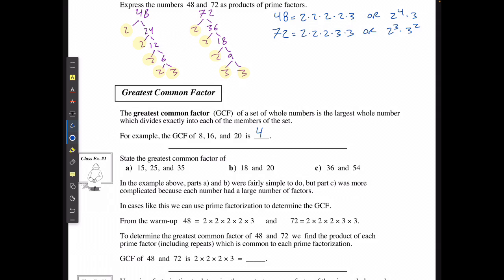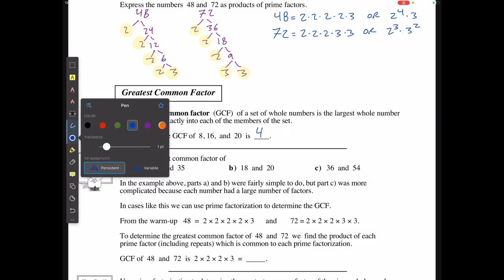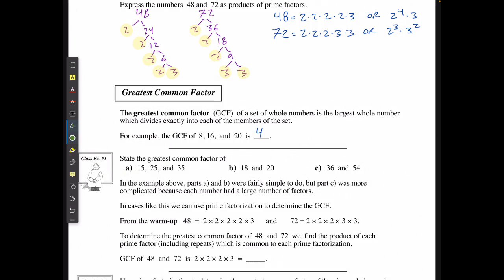Now frequently, when we're looking at smaller numbers, it's pretty easy to pick out what the biggest number I can divide them by is. If I had 15, 25, and 35, those are all divisible by 5. If I have 18 and 20, those are both divisible by 2.